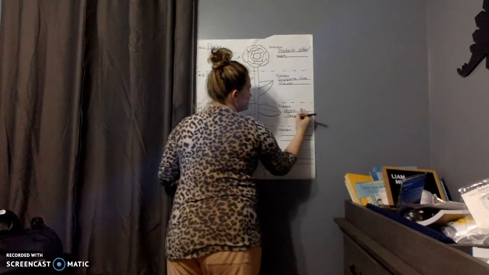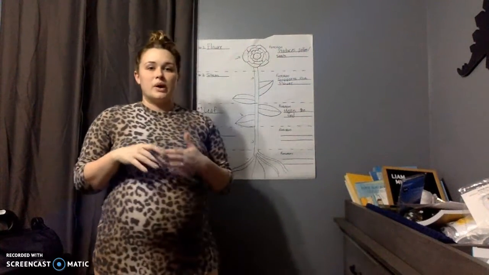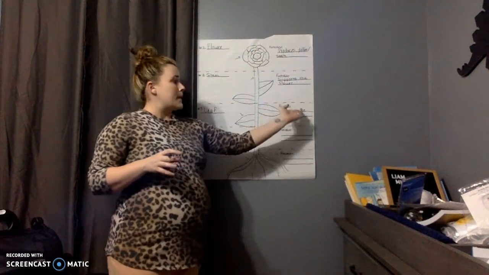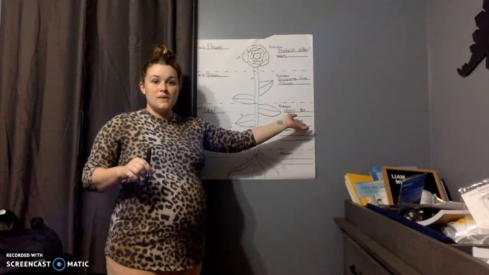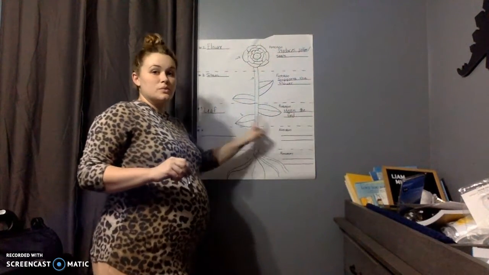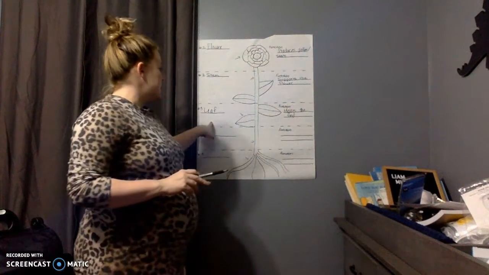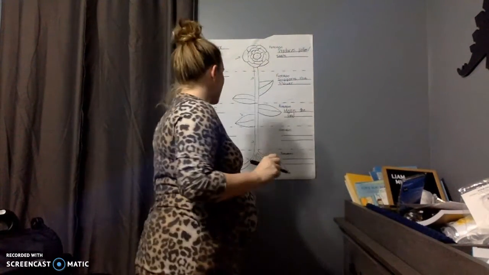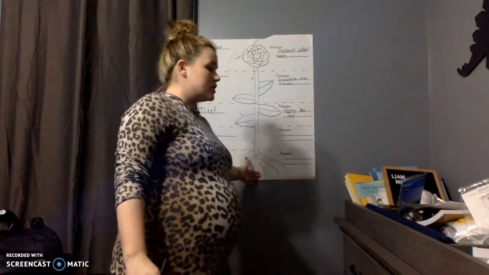Now, when you get older, you're going to learn about how it makes the food and where the food comes from and all that. But right now, we just want to know that the leaf makes the food. Okay? Super important to know. So I'm going to give you a minute to write that down. Yep, leaf makes the food. All right. So now we're getting down closer.